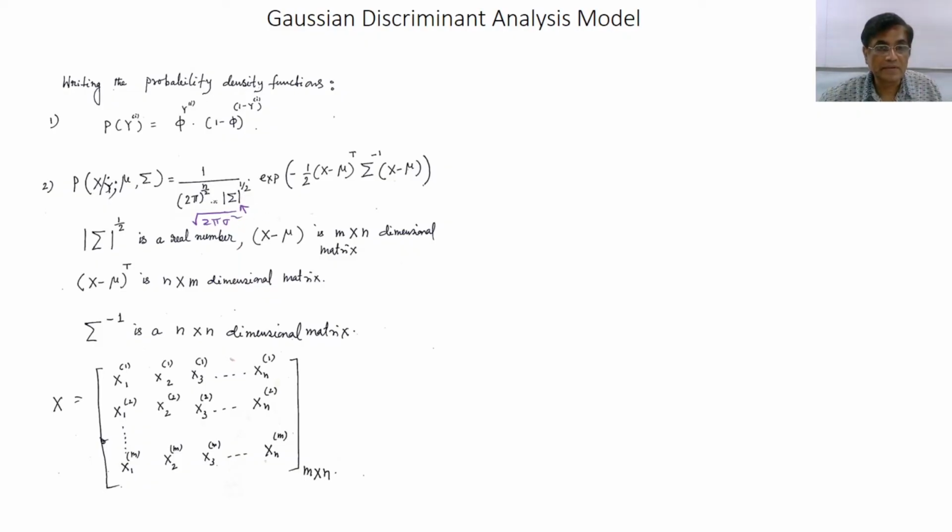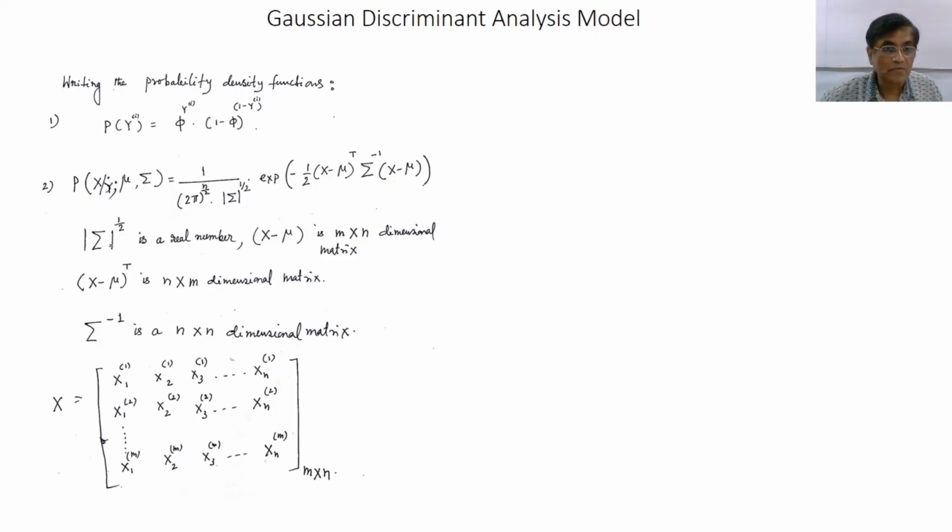Sigma square comes out, and n by 2, then e to the power 1/2, and this is written as x minus mu transpose, inverse of this. These are for one single variable, but you will have to be habituated that these are basically the same. If you know a little bit of linear algebra, you will be able to know what it is. So these are now vectors or matrices.